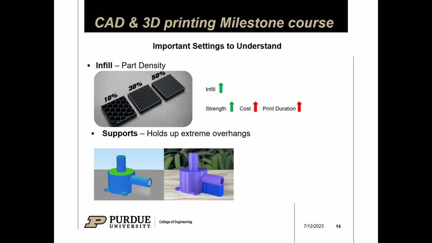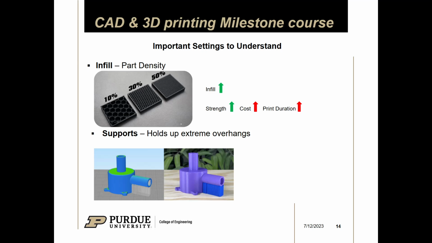So you can see here, this bottom part has this cylinder that extends outwards, but because there's nothing supporting it on the other side, if you tried to print that, the printer would just run out to the length of the cylinder, but then the material would droop, and you get a part that doesn't really look like the thing you wanted to make, and then you're going to be sad.